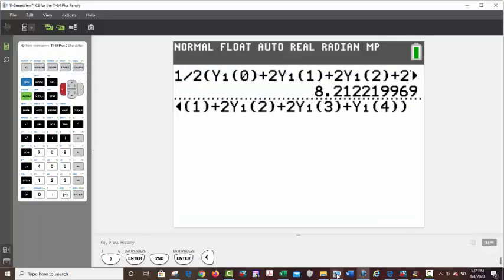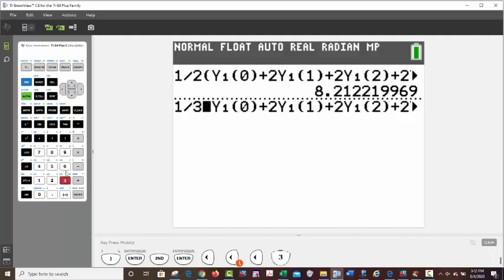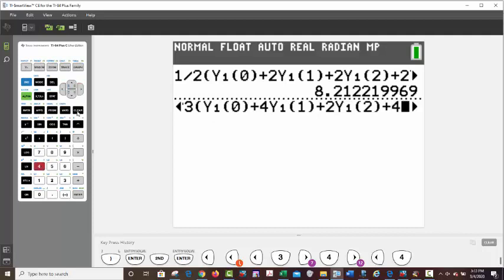All right. And then change 2 of those coefficients from 2 to 4. We got it. So that's a 4, and 4. And that's it.